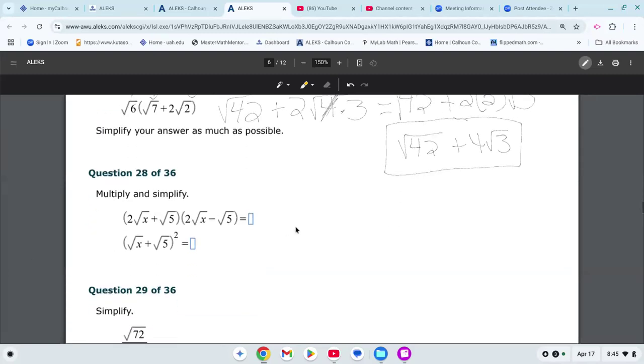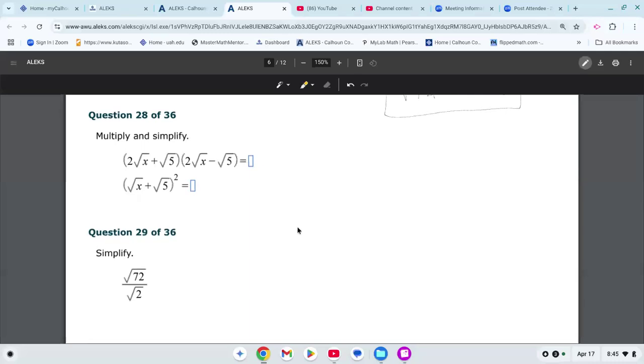So when you go to do number 28, I am going to FOIL both of these problems. So 2 root x times 2 root x gives me 4x. We talked about a square root of x times a square root of x is just x. So that's what I did. 2 root x times root 5 is negative 2 root 5x.